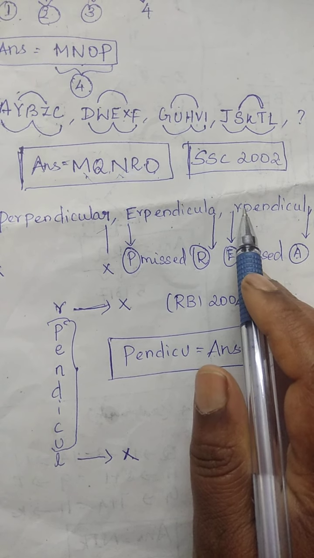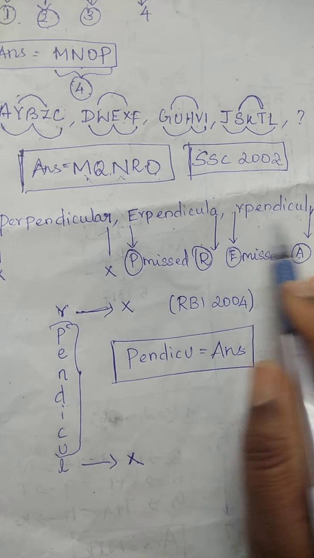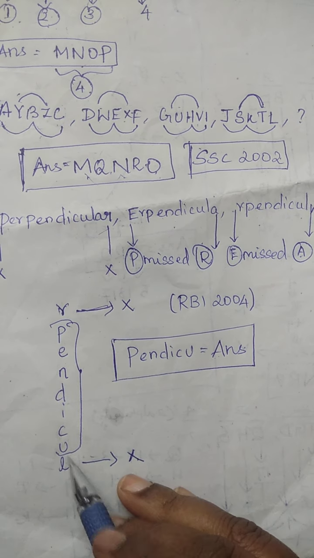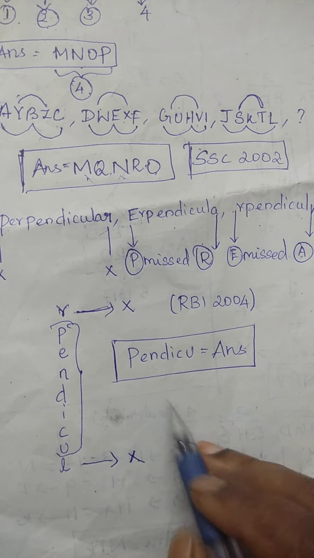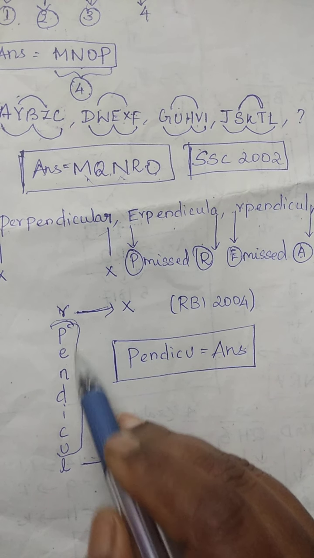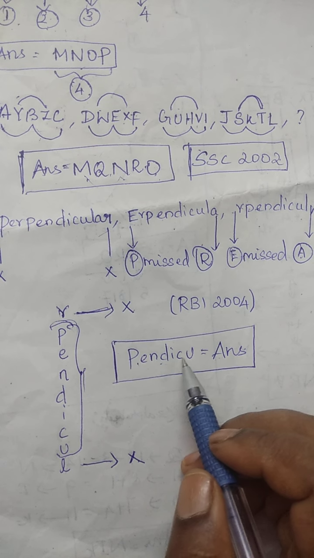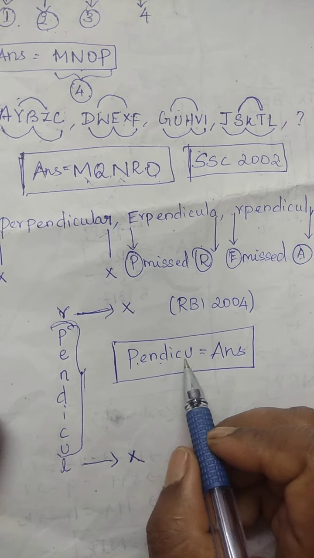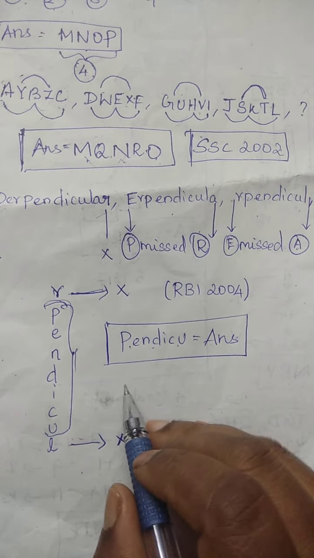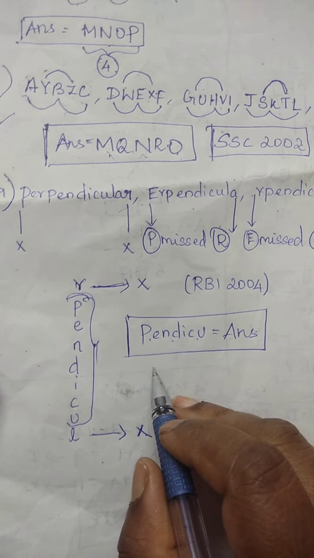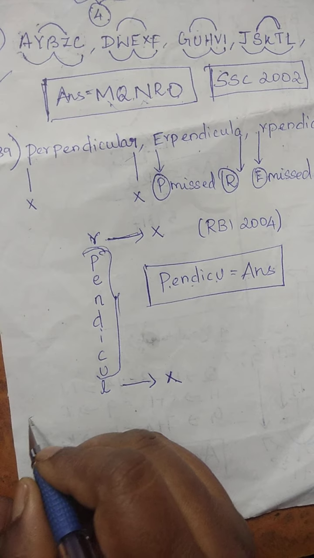Just for reference I taken this third term and they written here, and we take R, and the first and the last term are taken away, and then we write this other alphabets, pendicu. This is the answer. We have to find the solution now. This is the answer for that solution. We can see with one more example.